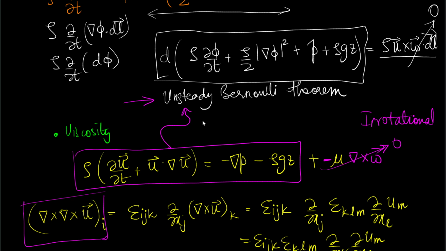So even though viscosity is there, we are able to relax the condition for viscosity in the case of irrotational flows, because irrotational flows cause the manifestation of viscosity to become zero.